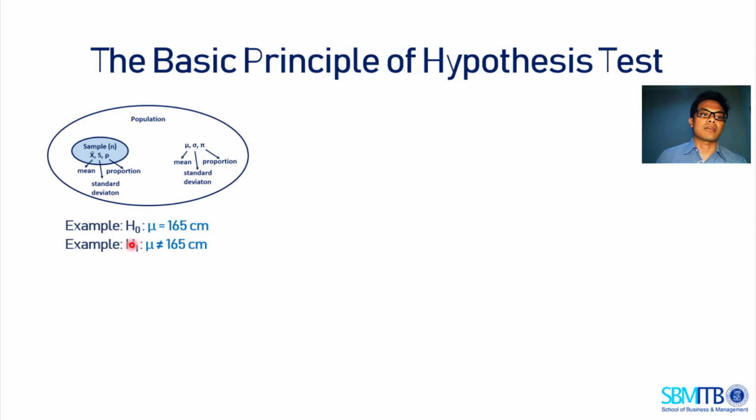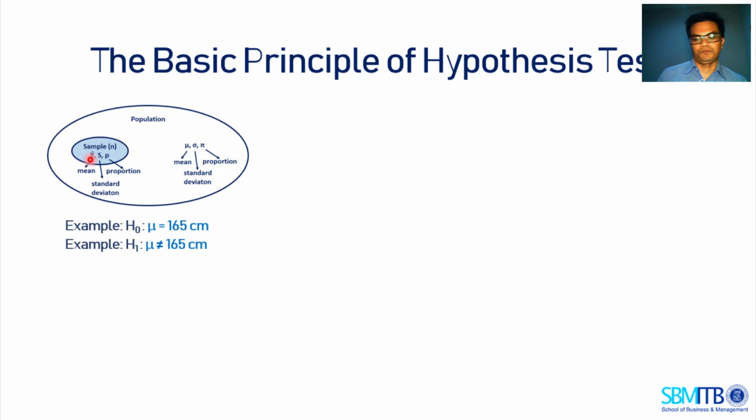The alternative hypothesis statement is that the mean height value of Indonesian citizens is not equal to 165 centimeters. How can we test this? Well, from the population, we can pick several respondents as a sample, and we simply calculate its statistics, in this case, the mean.